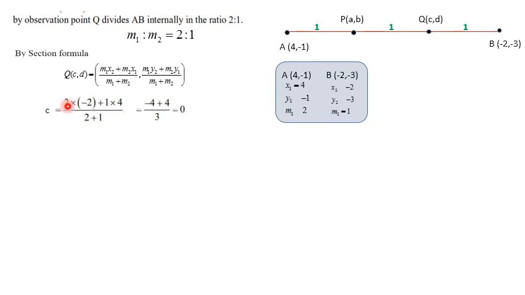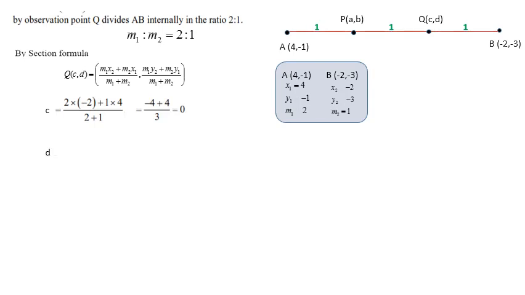Calculation: 2 into -2 is -4, 1 into 4 is 4, 2 plus 1 is 3. So -4 plus 4 is 0. 0 by 3, the final answer, is 0.